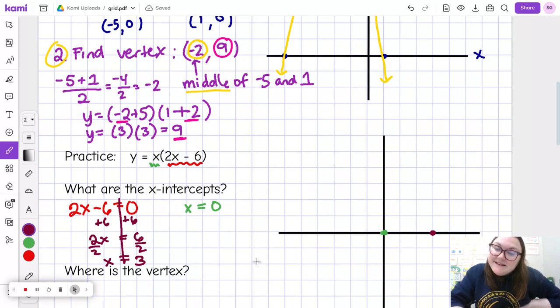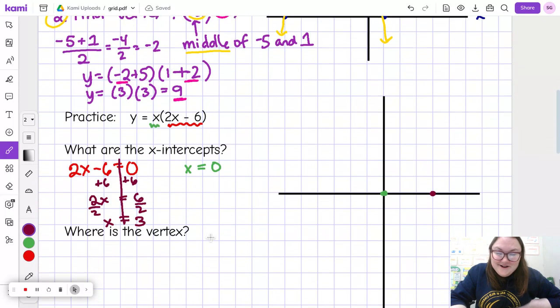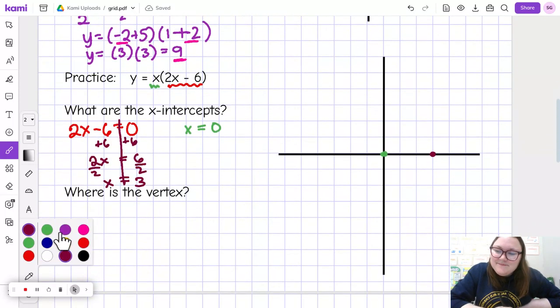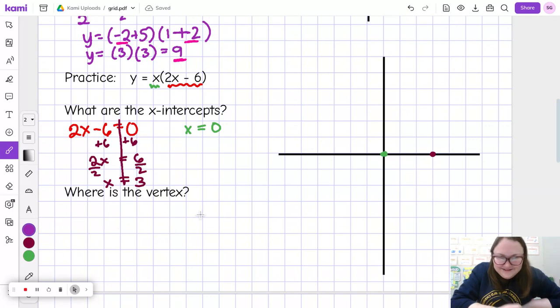I know it's in the middle of those x-intercepts, so I need to figure out where the middle is between 0 and 3. Sometimes people don't like this, but there is a number in the middle of 0 and 3. It's just a fraction or a decimal. And so for this next step, I want to find the middle of 0 and 3.